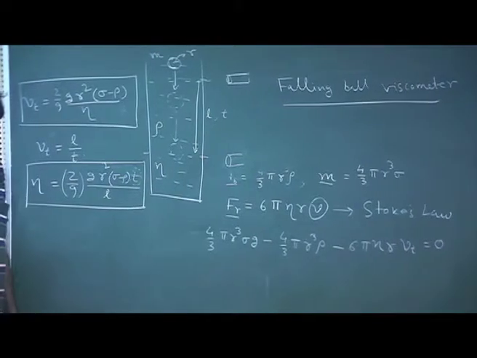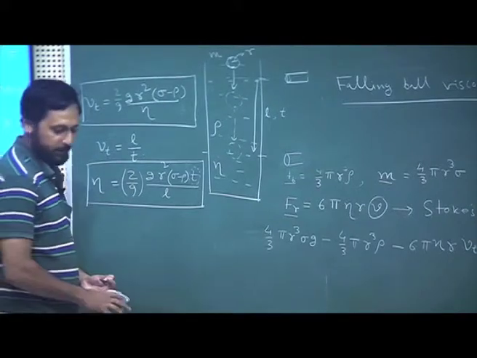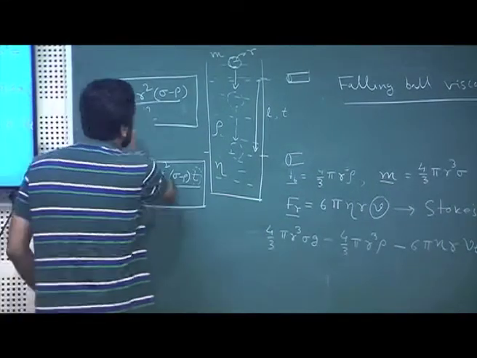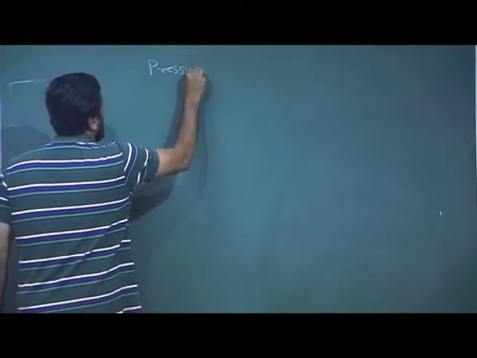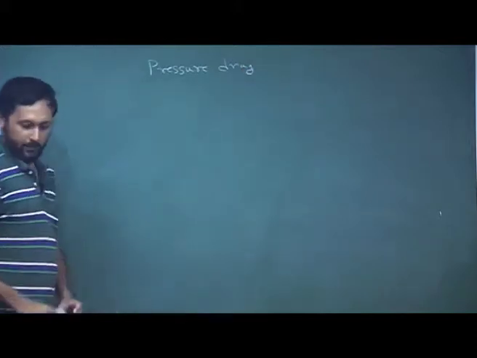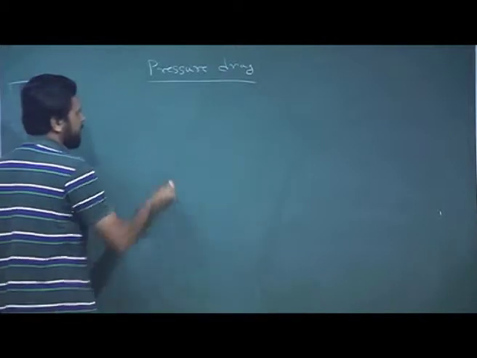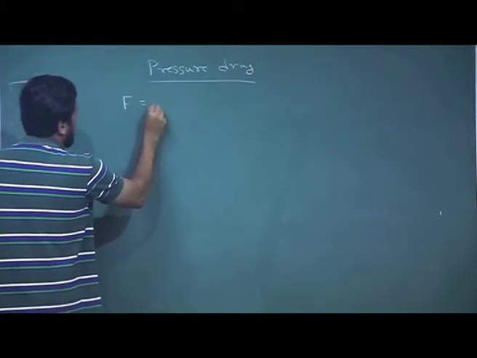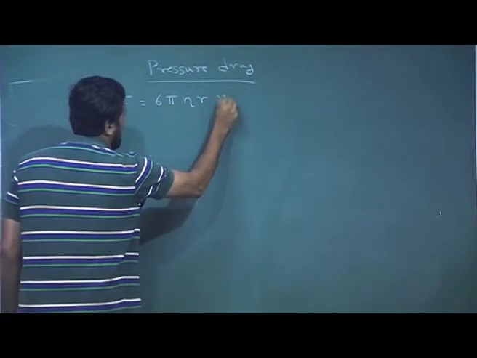Okay. So, now with this I just want to give you one more set of information, which is pressure drag. Now, the expression for viscous drag was F is equal to 6 pi eta r v.